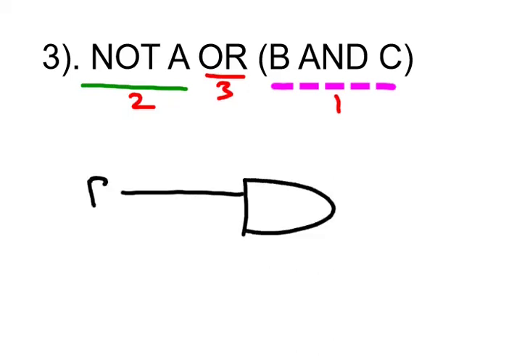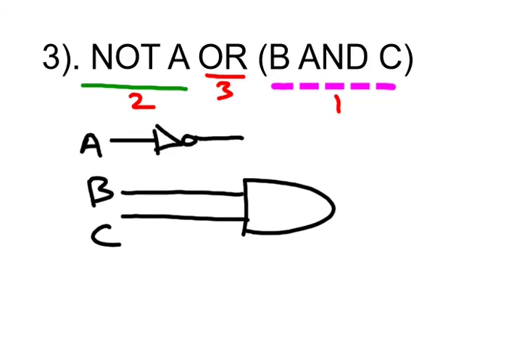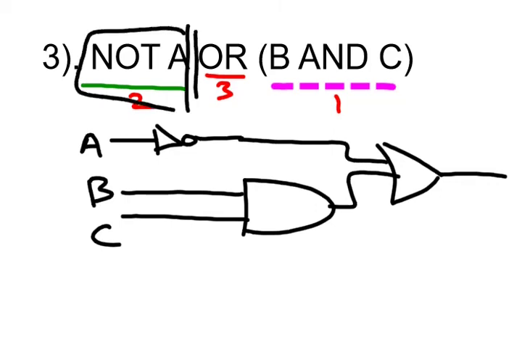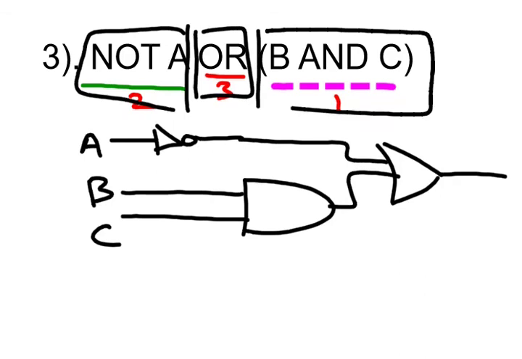So B, C, and then we've got not A, so we'll do A, not, so we draw that. Then we go OR, so we put an OR in, and these both feed in to that because they're on the left and the right of the OR gate.